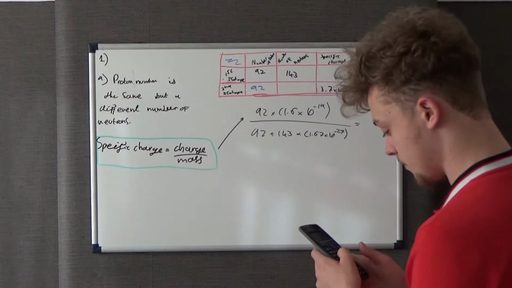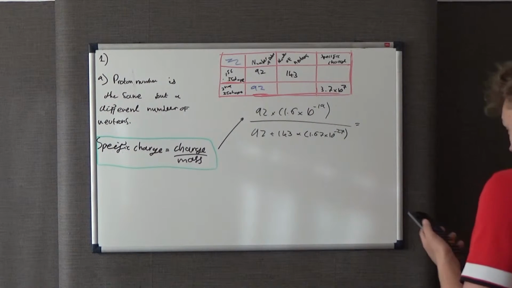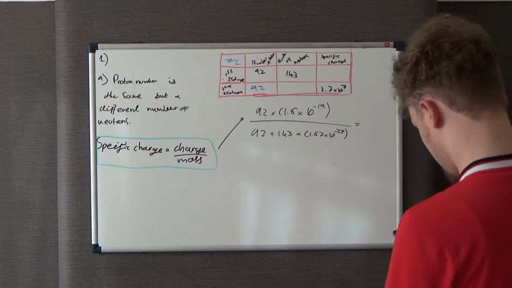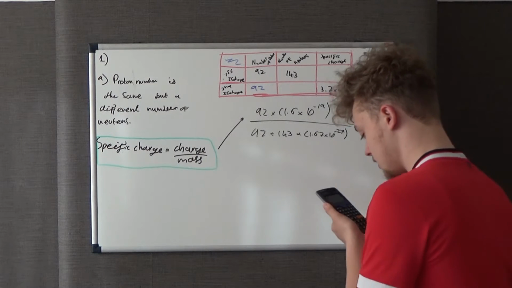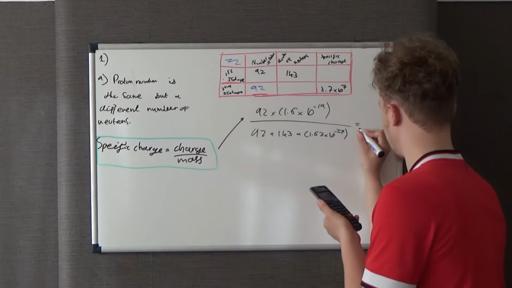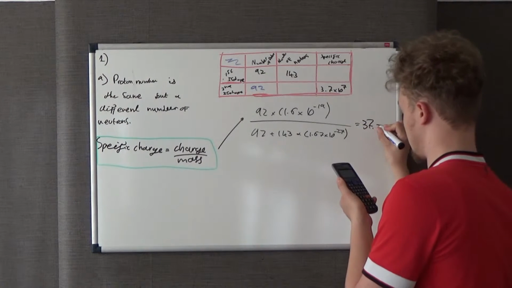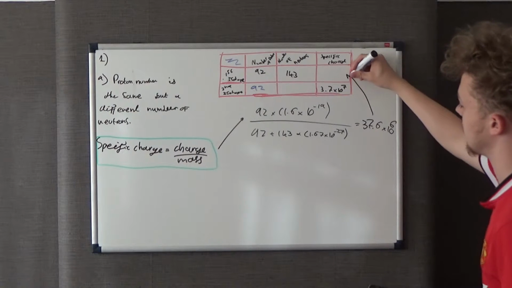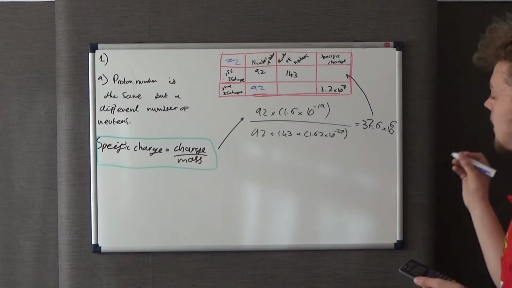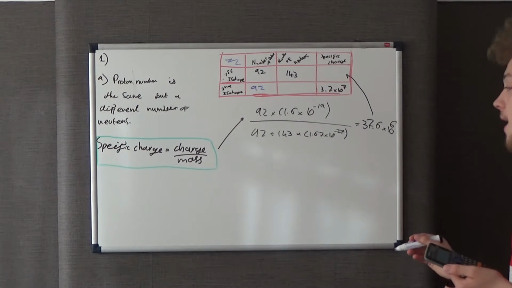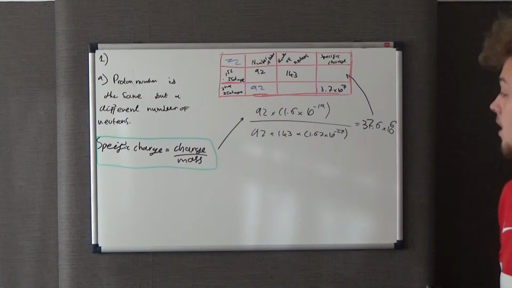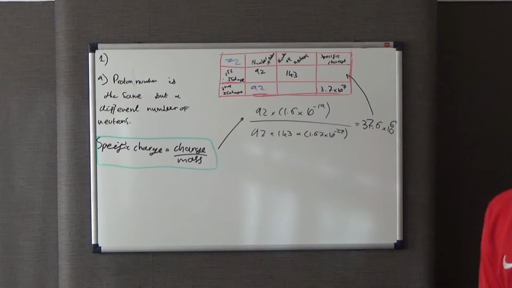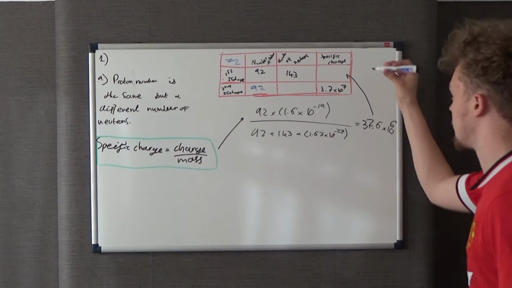Okay, and that comes out to be 3.7 times 10 to the 7. Well, 37.6 times 10 to the 6. That's your specific charge, and you have to remember, because it's charge over mass, we measure charge in coulombs, and it's coulombs per unit mass, and mass in kilograms, so it's coulombs per kilogram.